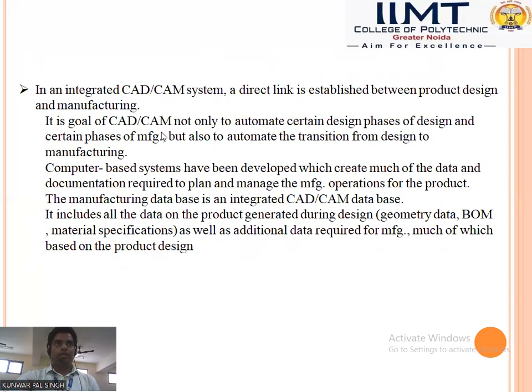It is a goal of CAD CAM not only to automate certain phases of design and certain phases of manufacturing, but also to automate the transition from design to manufacturing. It is all being done in the CAD and CAM software.